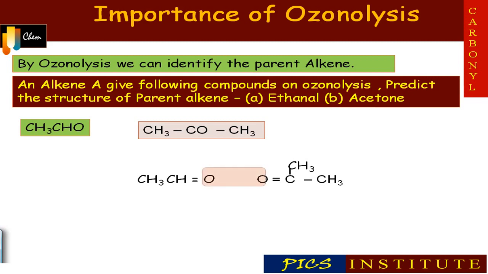Now, remove the oxygen and extend the multiple bond to form alkene. So the parent alkene is this final alkene which gave ethanal and acetone as ozonolysis product.